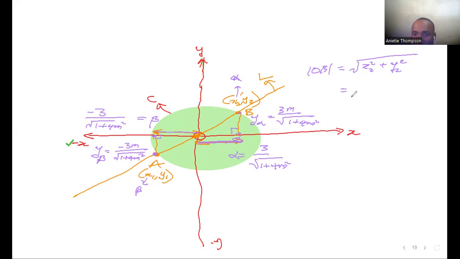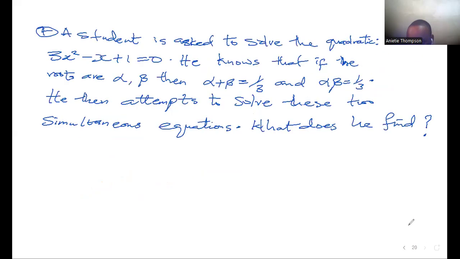So by substituting into that place, the x2 value was given as 3 all over square root of 1 plus 4m squared. So OB equals the x2 squared plus the y2 squared.